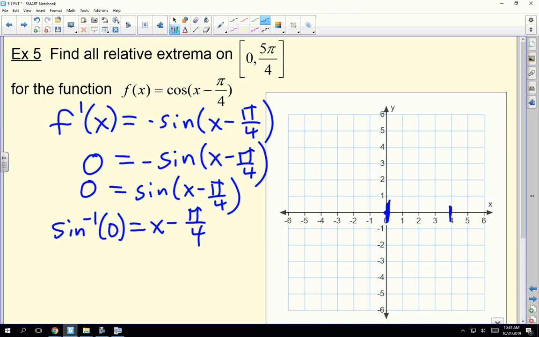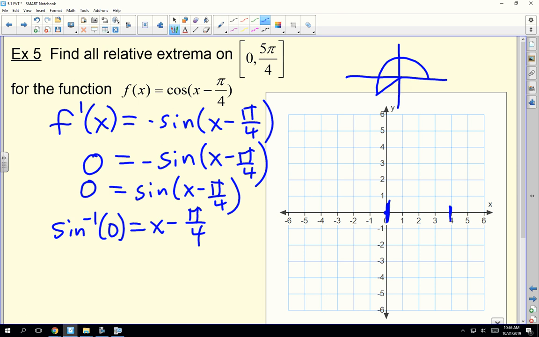We're only looking from 0 to 5 pi over 4. So on the unit circle, from 0 to 5 pi over 4 would be just around over to here. Kind of a weird interval, but that's the interval. So inverse sine of 0, where does that happen?